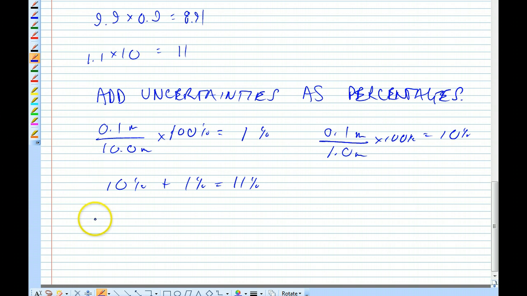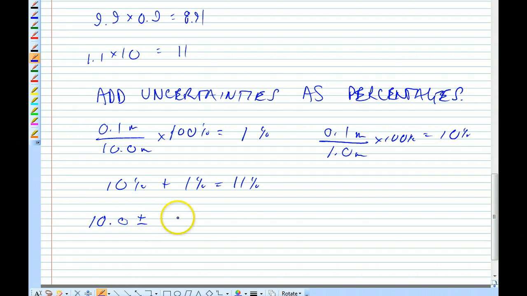So here's what I'm going to do. I'm going to write the answer, which is 1 times 10, or 10 square meters, plus or minus. Now, you could write 10 plus or minus 11%, all right? And there's nothing wrong with that. But we'd prefer to convert the 11% into square meters.